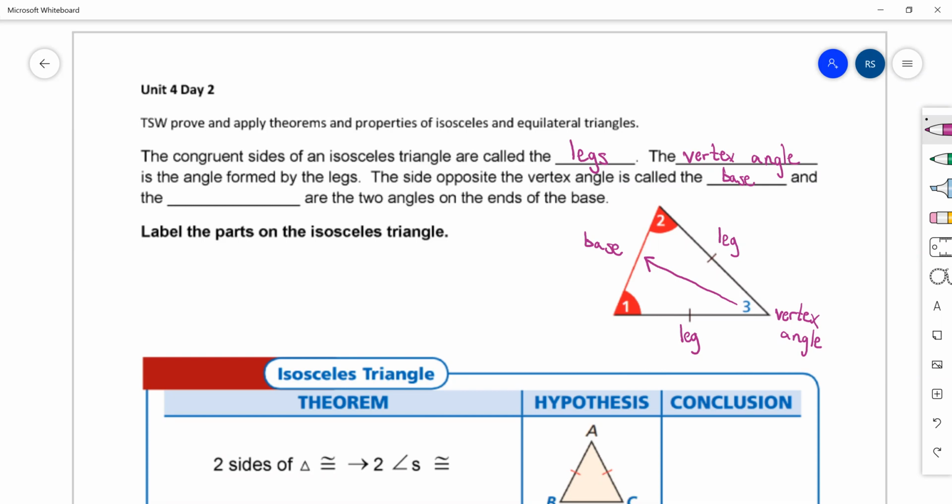And the base angles are the two angles on the ends of the base. So these two angles are considered base angles.